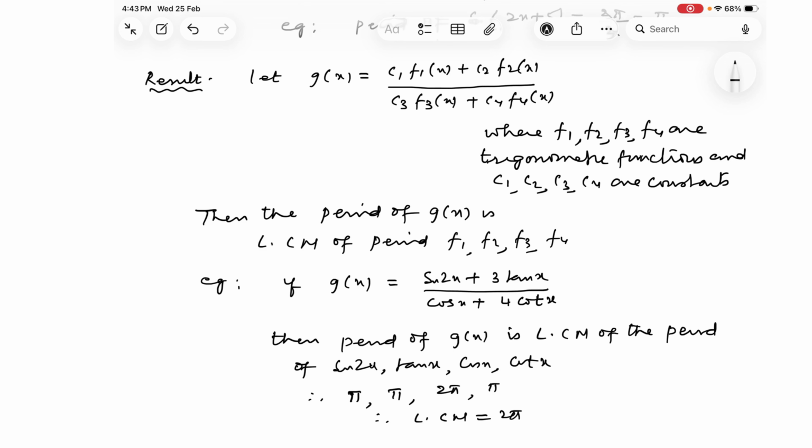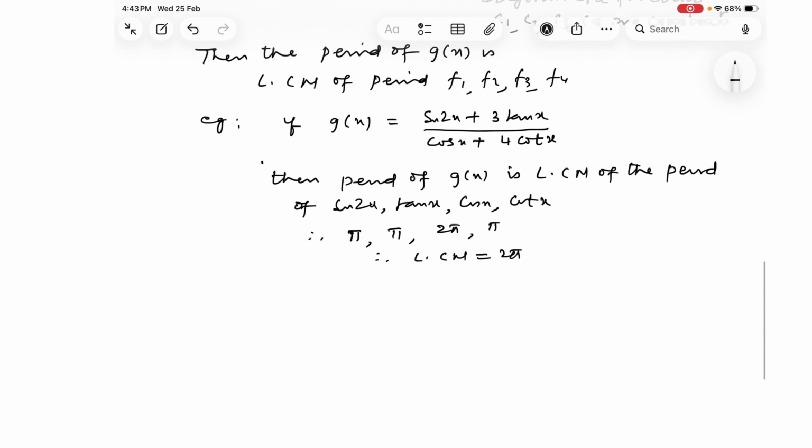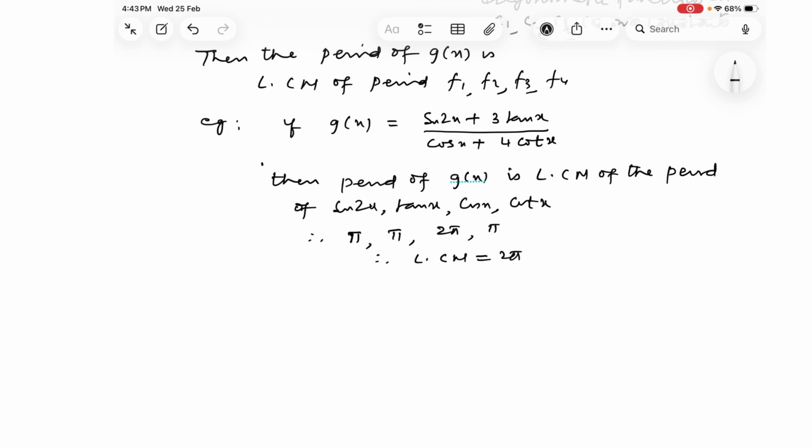The period of sin 2x is pi, the period of tan x is pi, the period of cos x is 2 pi, the period of cot x is pi. Therefore, its LCM will be 2 pi. So the period of g(x) will be 2 pi.